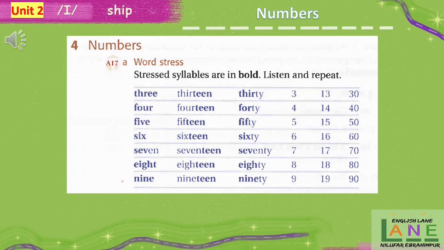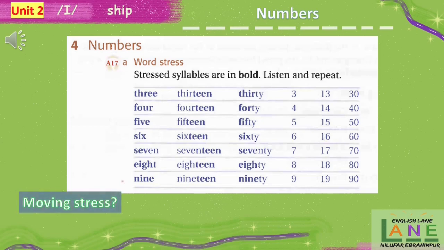Okay, that was good. Do you remember moving stress? Yes or no? It means sometimes the stress on a syllable should move to another syllable. It happens in some words.